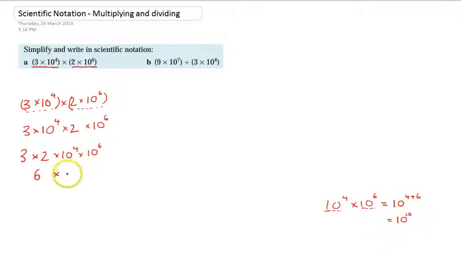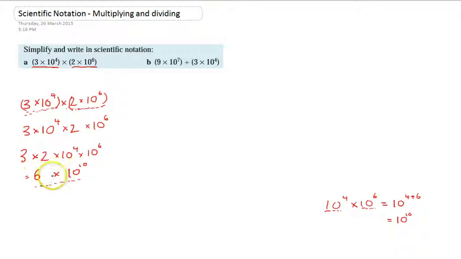And finally, we can finish up 6 times 10 to the power of 10. Okay, so just stop for a moment and think about what you've just done. You had a number, 3 times 10 to the 4 times 2 times 10 to the 6. So a big number multiplied by another big number. And now, finally, at the end, we have a different big number.